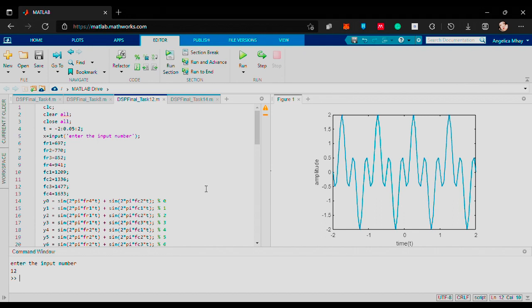So comparing all the program outputs, a higher input number produces a messier and more convoluted output signal. For example, for this 12, we can see the signal is not that good and is more convoluted compared to what we have for input numbers 3 and 5.